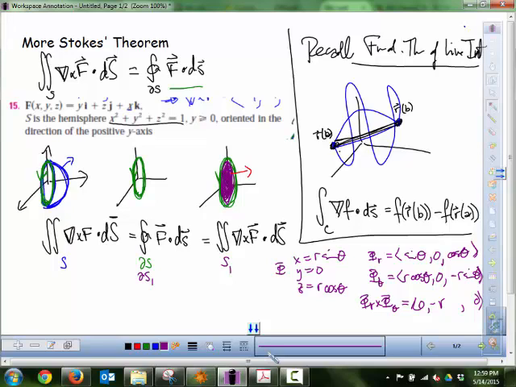Because you're going around the circle, you parameterize it so that it would go clockwise or counterclockwise. That's what I would think. Oh, yeah.